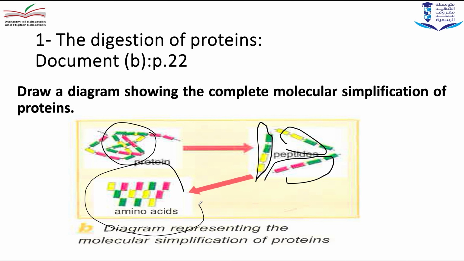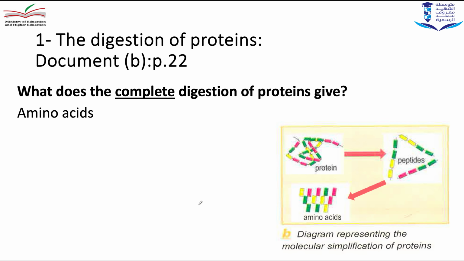Is it clear? Protein, peptide, amino acids. So what do we obtain after a complete digestion of protein? It gives me amino acids. So the complete digestion of proteins gives amino acids. And this was about the digestion of proteins.